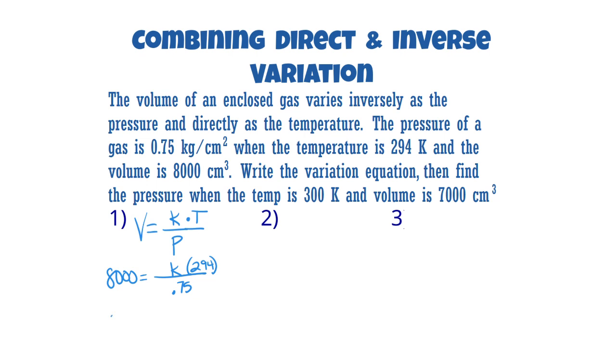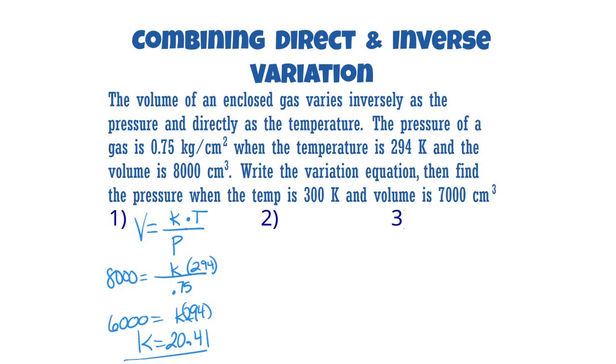And I end up with 6,000 over here. And then I'm going to come back and divide by the 294 number. And I get 20.41. That's my K value.